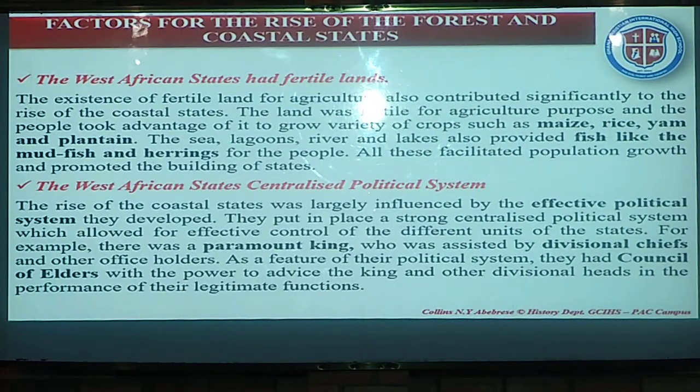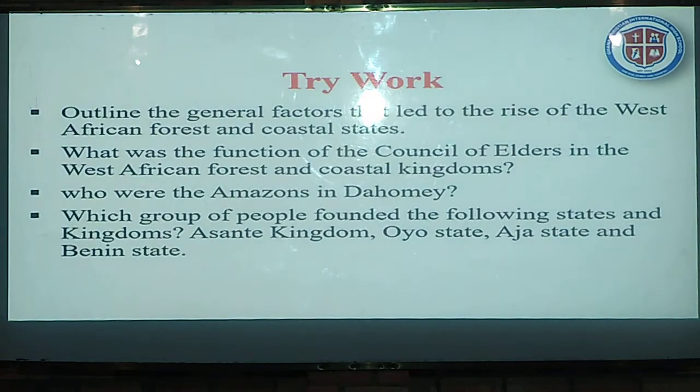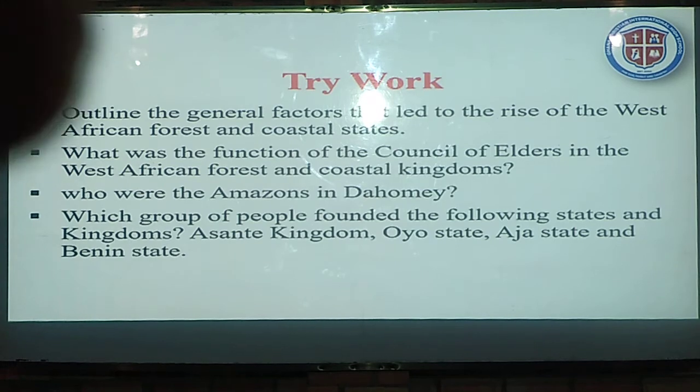And as we do every day, take a look at our try work over here, and of course I am confident that if you are asked anywhere to talk about the rise of these states, you will be able to do it and do it well.